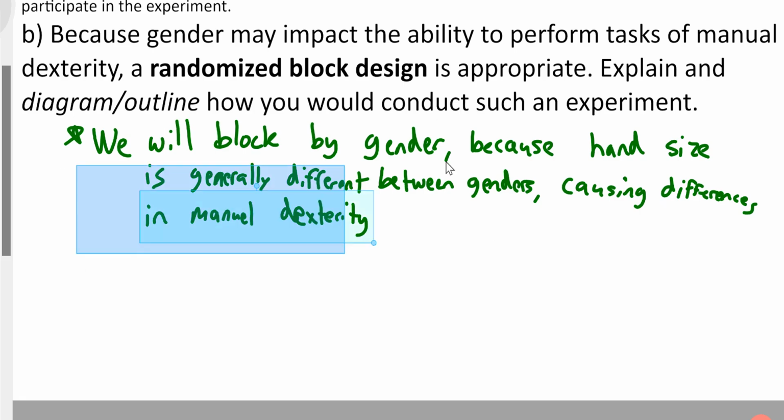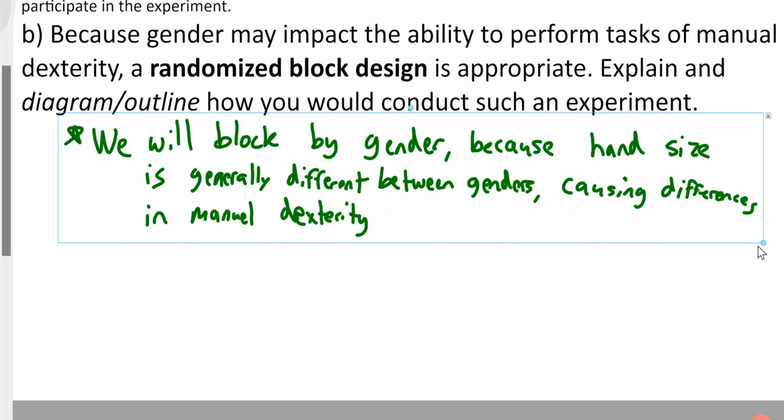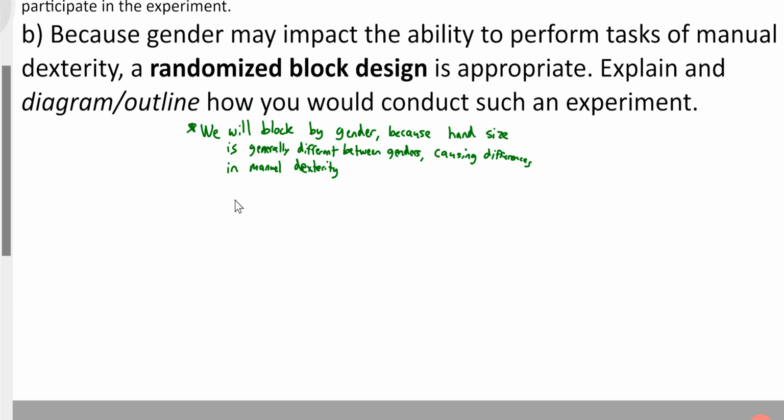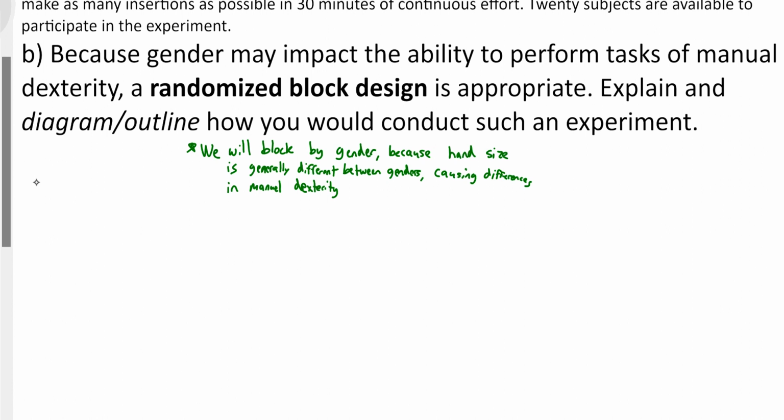Now, if I want to outline this and actually make a randomized block design, I can make a diagram again, or I can put it into paragraphs. It's totally up to you. I'm going to start by doing this design with a diagram.